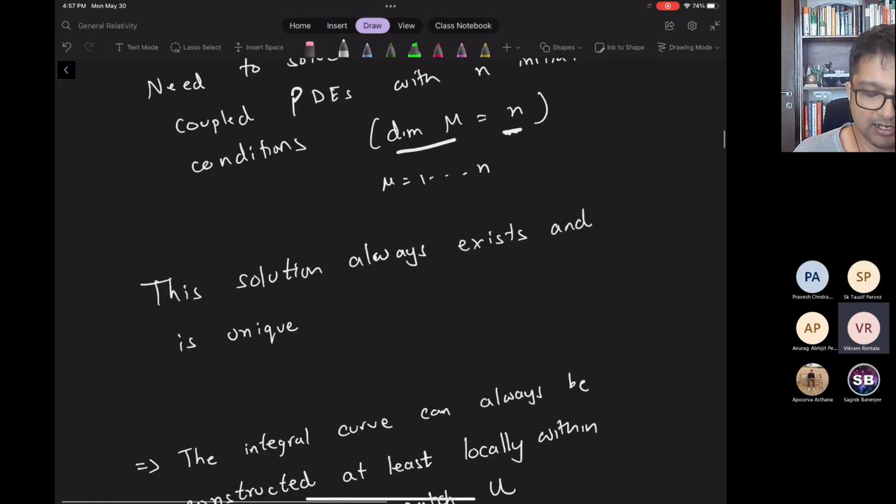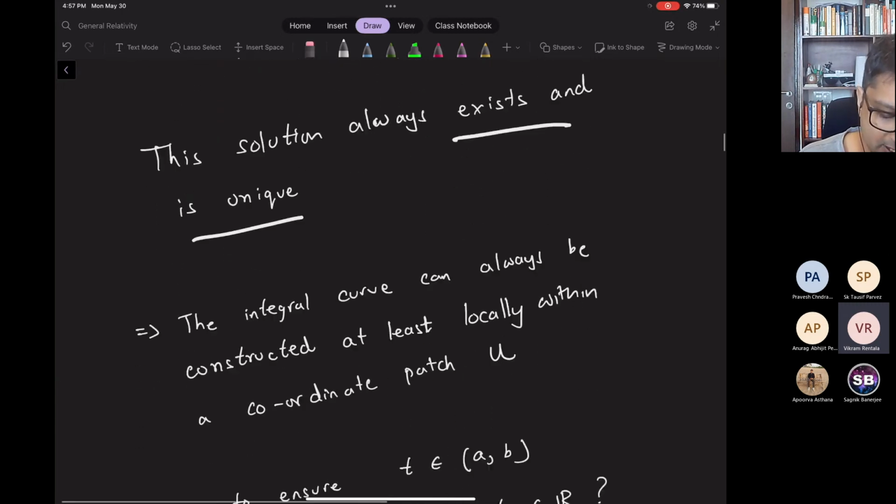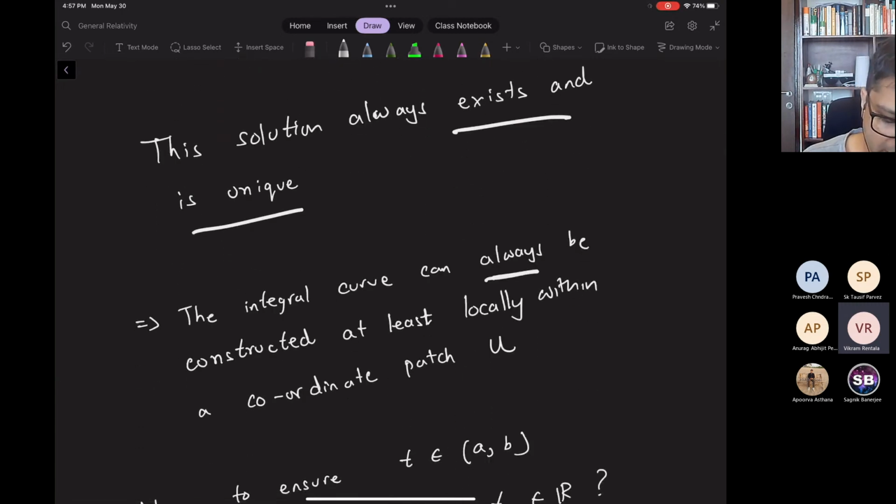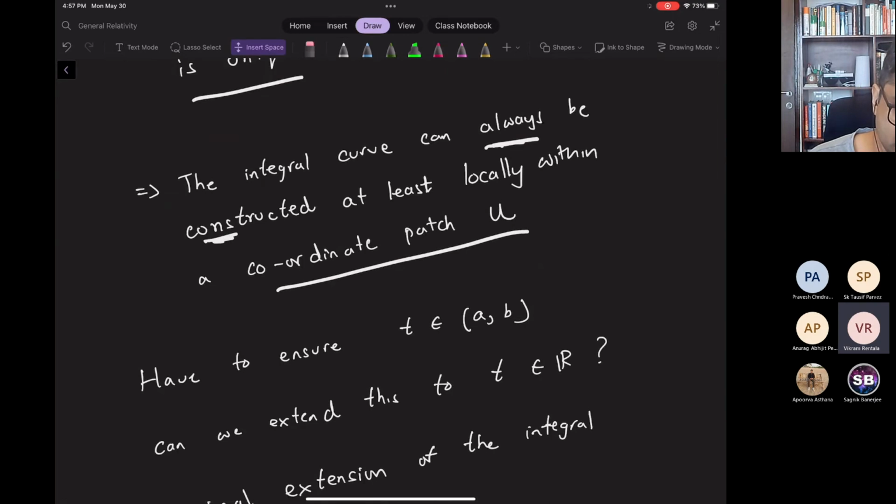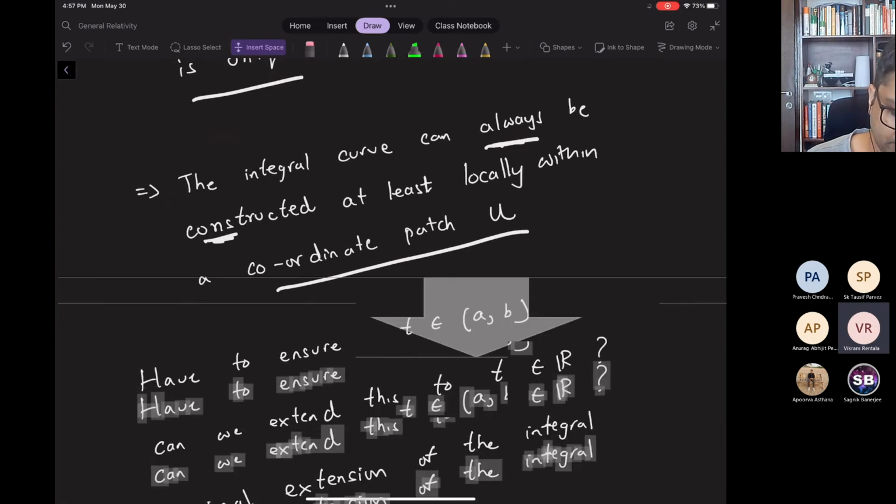By the theory of differential equations, the solution always exists and is unique, which means this integral curve can always be constructed, at least locally within some coordinate patch U. So within a coordinate patch, it's always possible to construct such an integral curve.